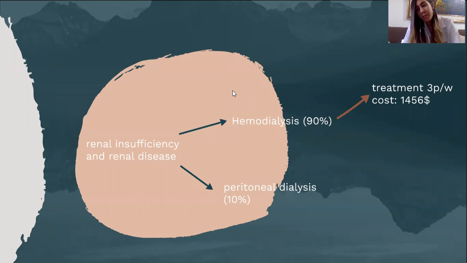Hemodialysis, which 90% of the patients perform, or peritoneal dialysis, but just 10% of the population does this. Now, the treatment with hemodialysis costs $1,456 and it has to be done 3 times per week. It's a really expensive procedure in Ecuador.